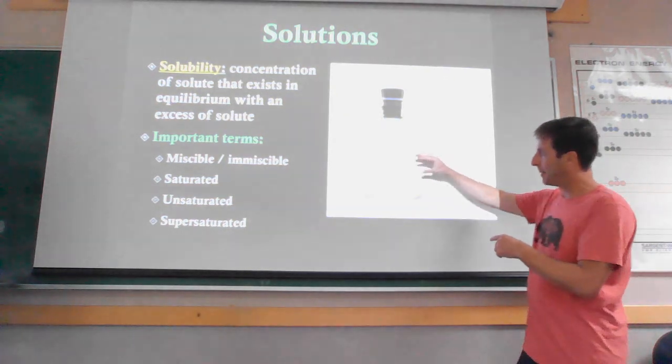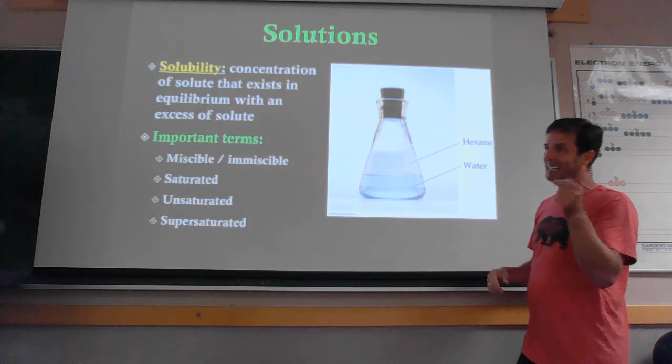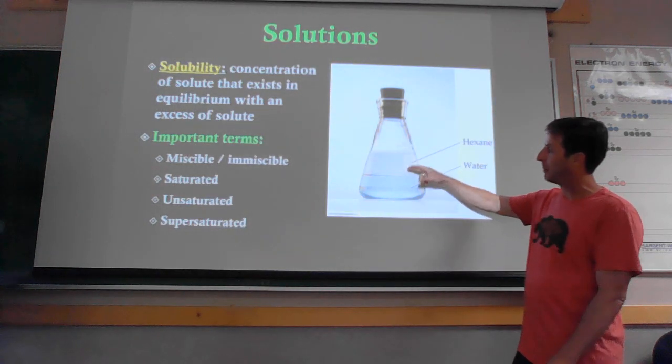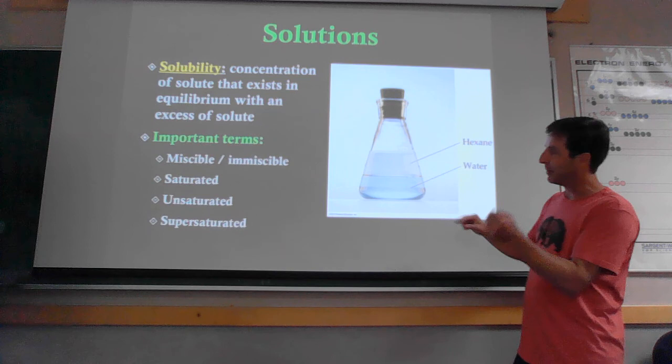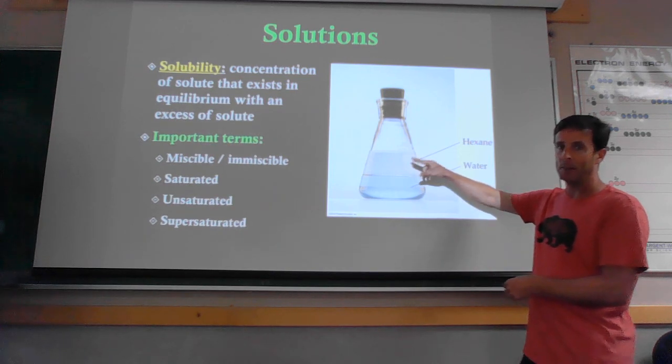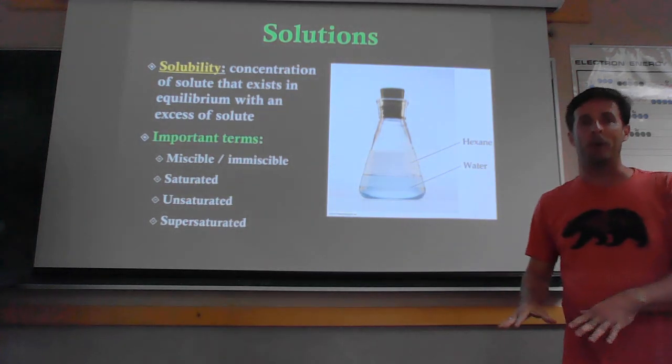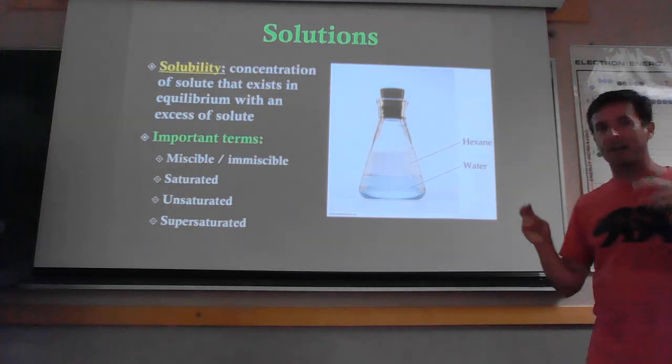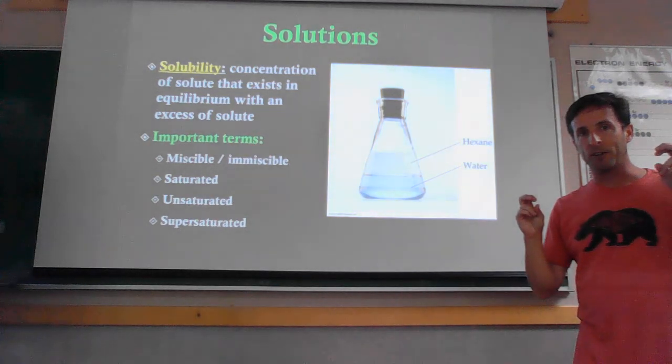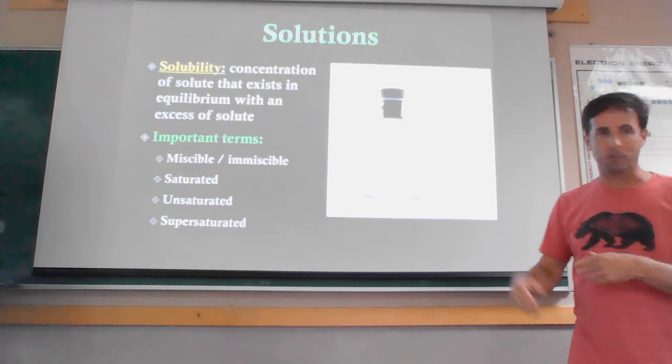When I mix these two together, a tiny little bit of the hexane will probably mix in with the water, and a tiny bit of the water will actually go into the hexane. But it's a really, really low number, so for the most part, we just say they are not soluble with each other. These two liquids are immiscible.